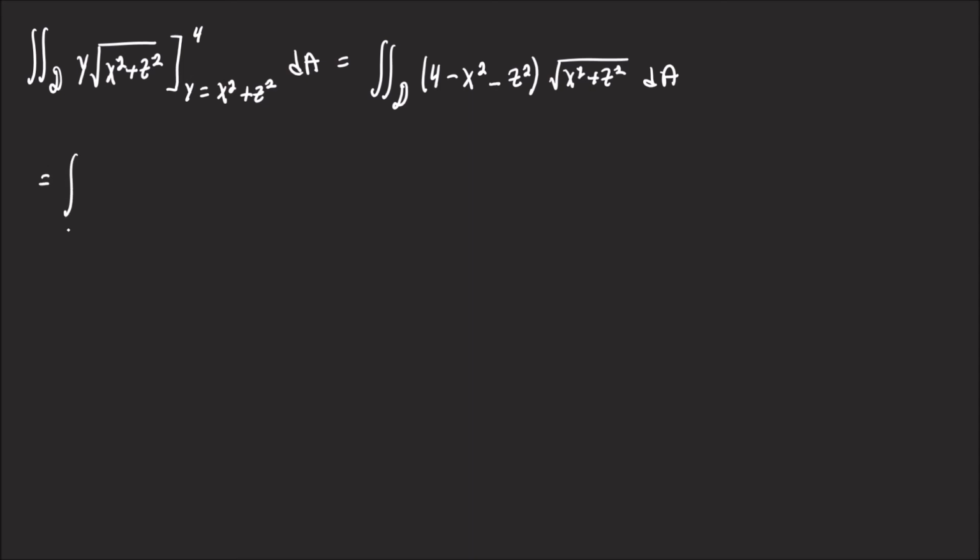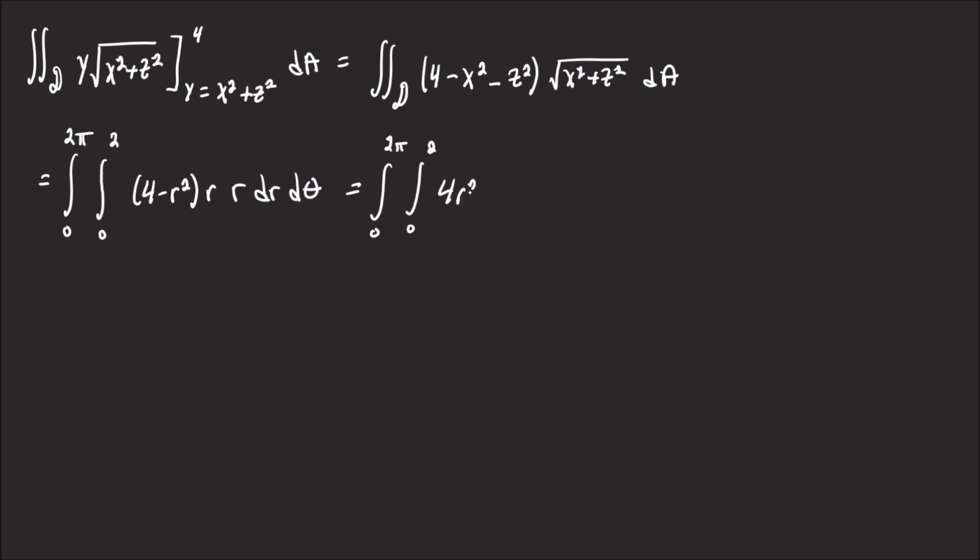So integral from 0 to 2 pi, integral from 0 to 2 of 4 minus r squared times r, then r dr d theta. So 0 to 2 pi, 0 to 2 of 4r squared minus r to the 4th dr d theta.